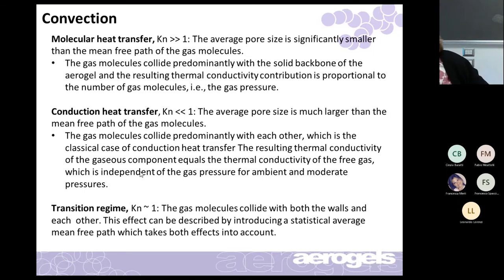The resulting thermal conductivity of that component equals the thermal conductivity of the free gas. So if it's air, it's going to be the thermal conductivity of the air, and that's independent of the gas pressure for ambient and moderate pressures.